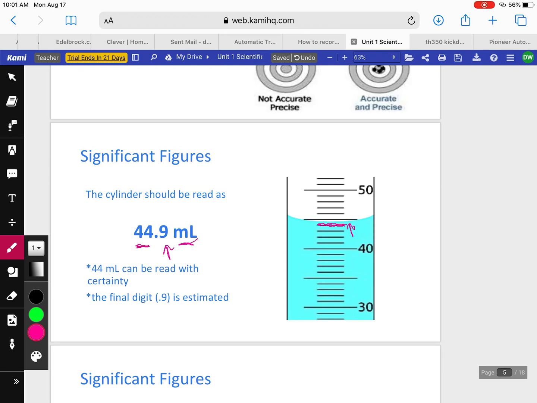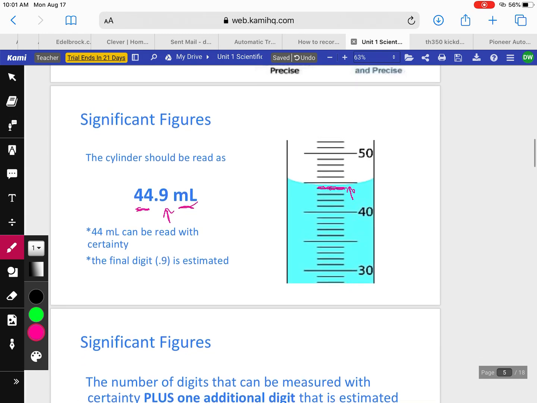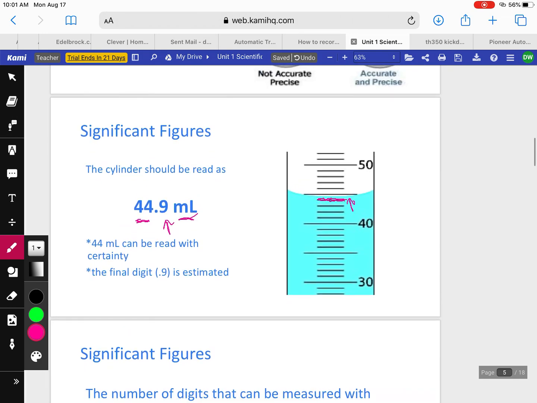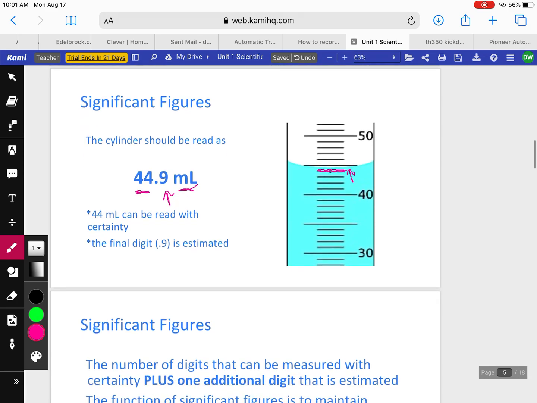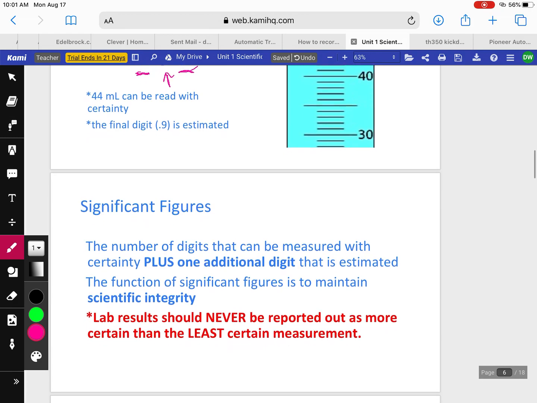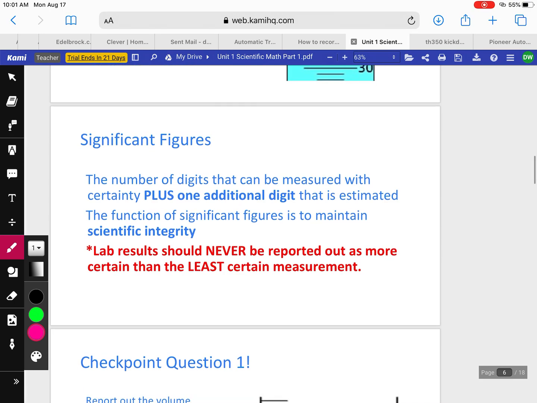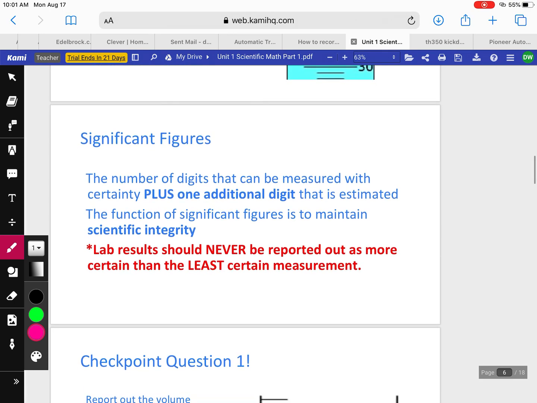Almost all numbers that we write in this class are going to be numbers, obviously, and they are going to have units that go with them. So basically this says that you're going to estimate one digit, and this is one of the things that we're going to play around with when we're in the lab, because this is probably not something that you're used to doing, but you can estimate one digit.